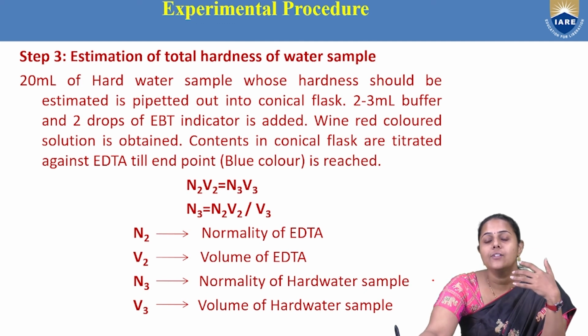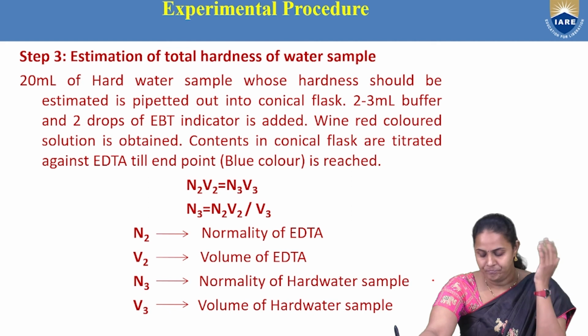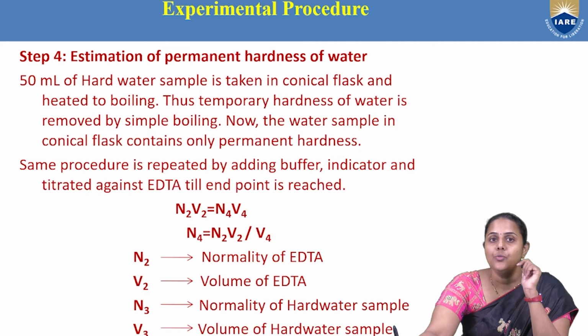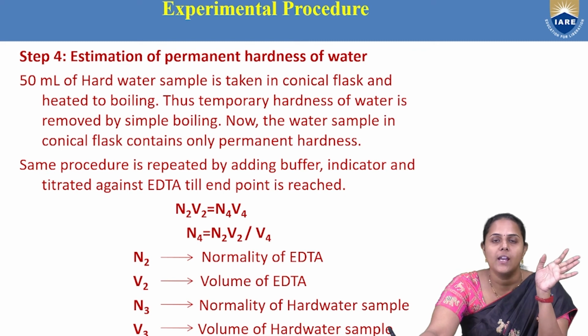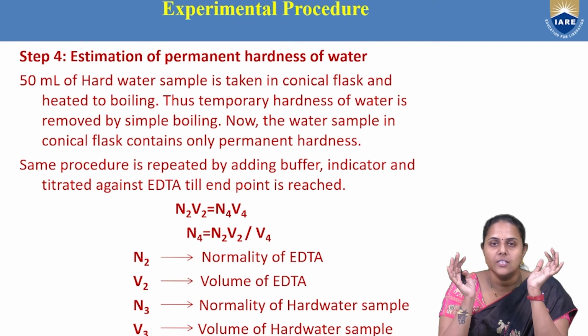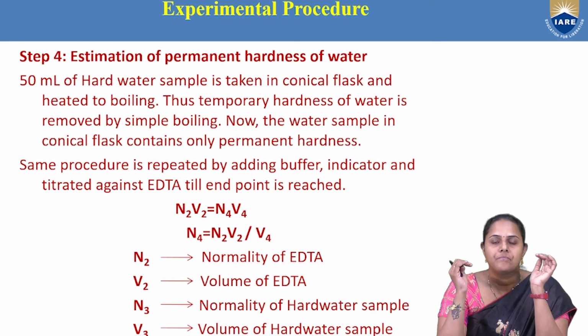So in order to calculate this separately, the next step is heating. You know, temporary hardness can be easily removed by boiling, because carbonates are responsible for temporary hardness. When we boil, the carbon dioxide will be eliminated. So what I will do is take fresh 50 ml of hard water and keep it for boiling.